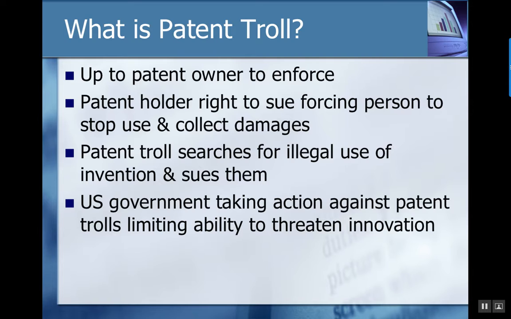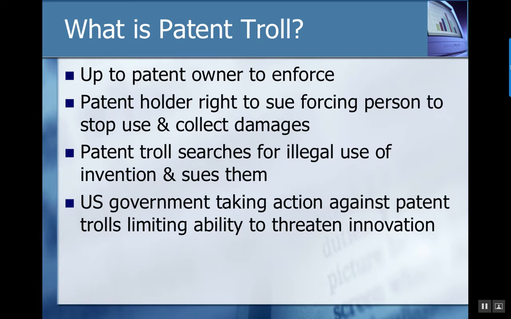Now, what's happened is that patent trolls were taking advantage of kind of an obscurity, or a gap in the patent law.